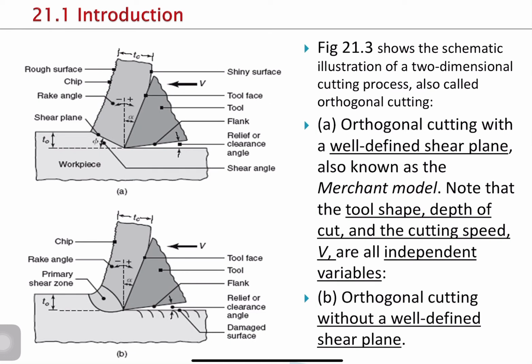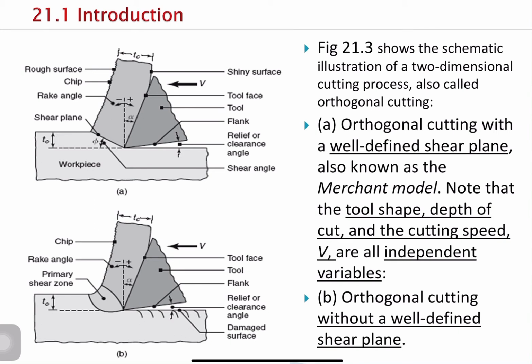The figure in the textbook shows this two-dimensional orthogonal cutting model, or Merchant model, that all of you need to understand and remember. This is the model that has been used to understand the material removal process.